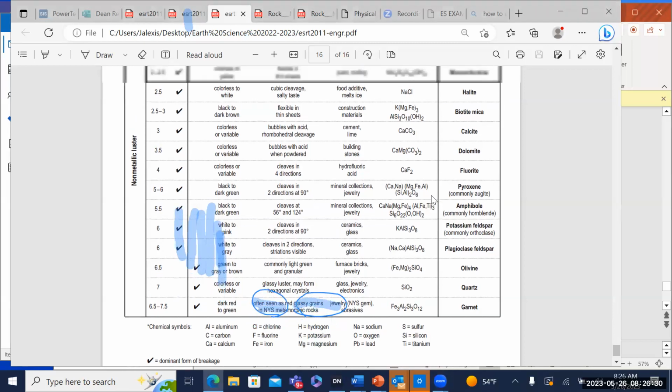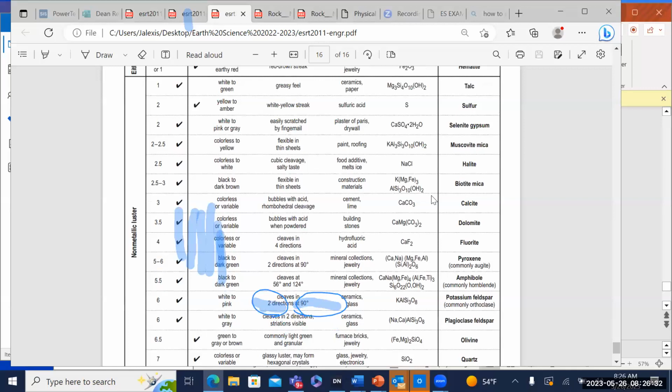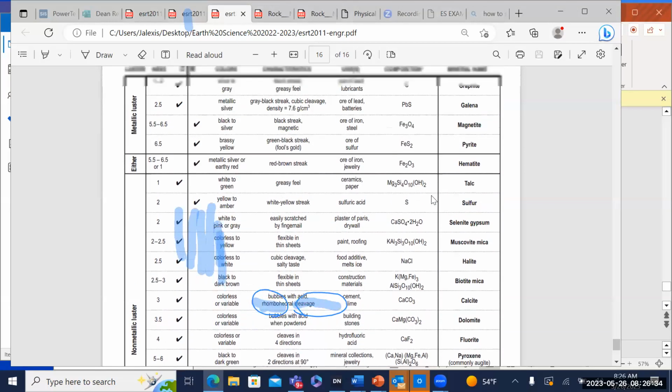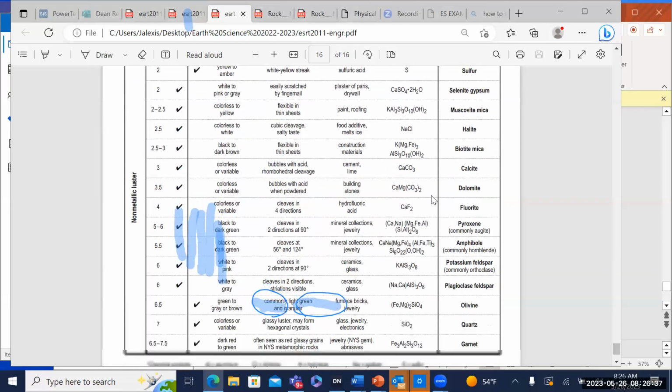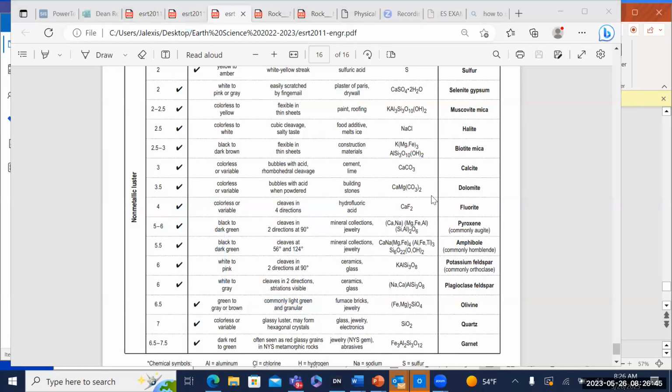So let's start off with mica. I see muscovite mica and I see biotite mica. First of all, muscovite mica, I don't see Fe and I don't see Mg, so muscovite mica cannot be it.